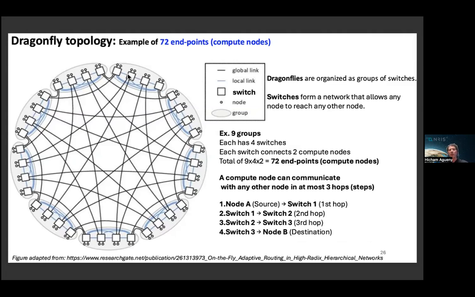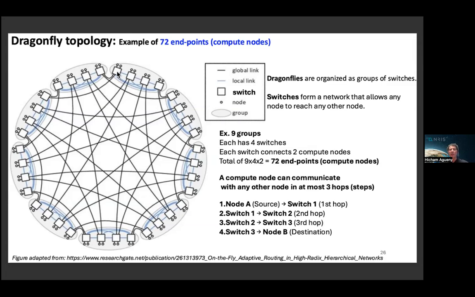Each group has 4 switches, 1, 2, 3, 4, and each switch has 2 physical ports, or can connect to 2 compute nodes. In total, we get 72 endpoints, 9 times 4 times 2. And with this structure, a compute node can communicate with any other compute node in just 3 steps. The technical word used here is 3 hops.